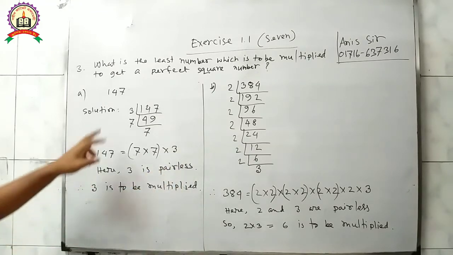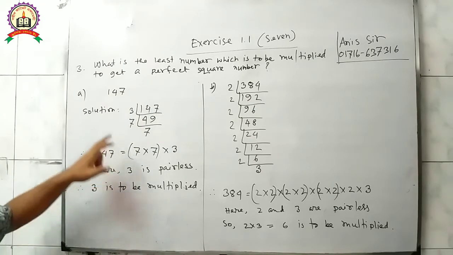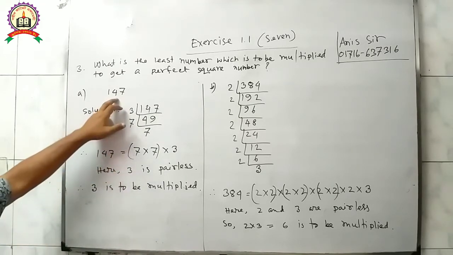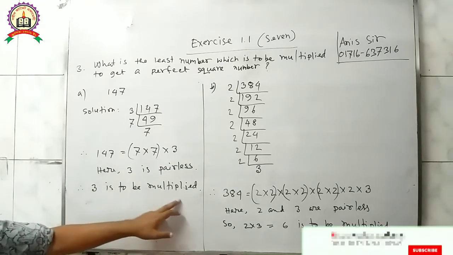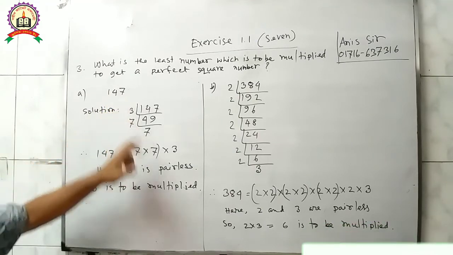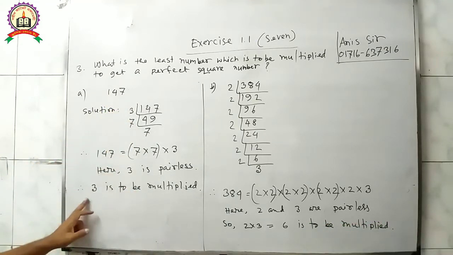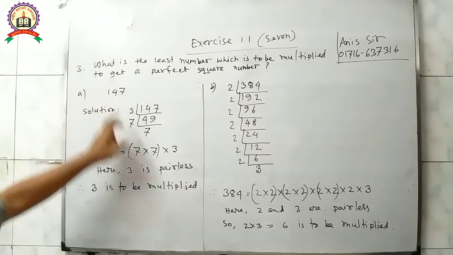So to make this number a perfect square number, we have to multiply it with 3. Then we get a perfect square number. So 3 is the least number which is to be multiplied with 147.